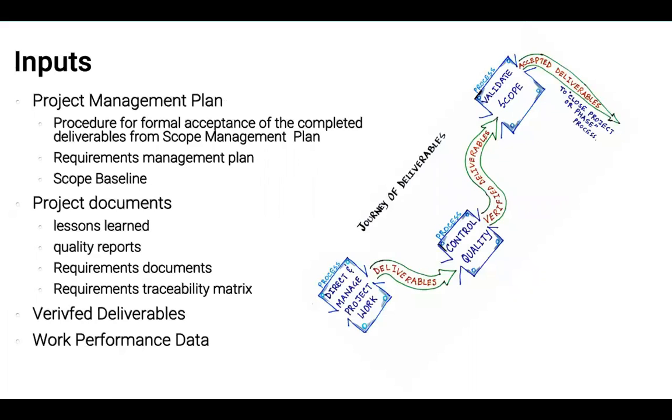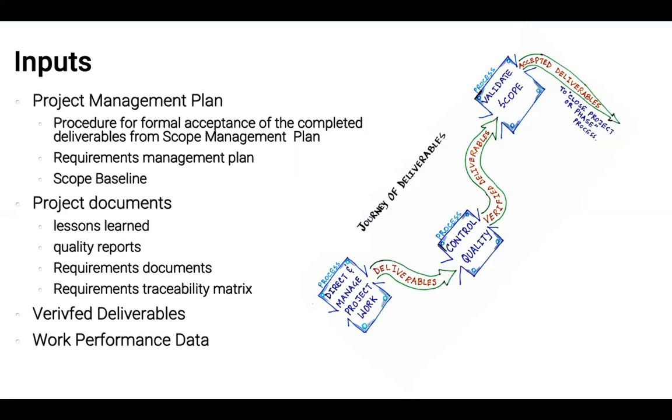The project management plan will specify the procedure for acceptance of the deliverables and of the scope, and that will be specified within the scope management plan. We're going to have requirements management plan, so that we can compare our deliverable against those requirements, and obviously we're going to be comparing those deliverables against our scope baseline.